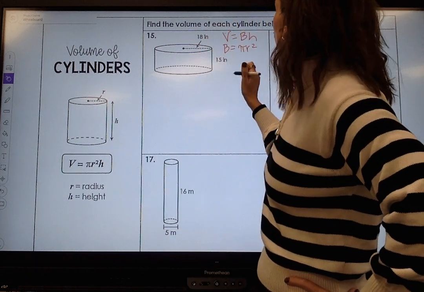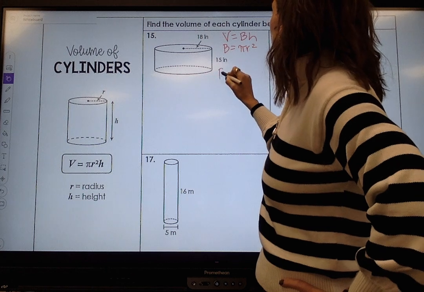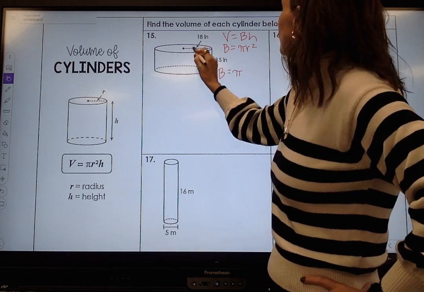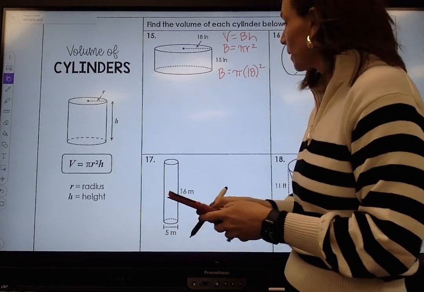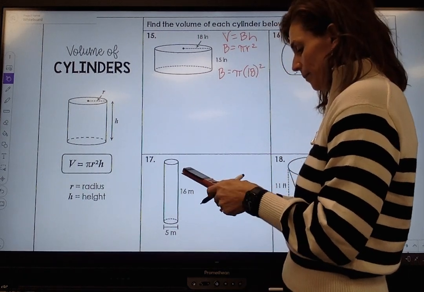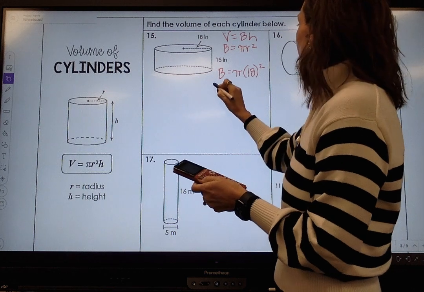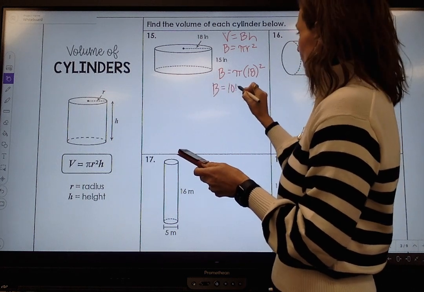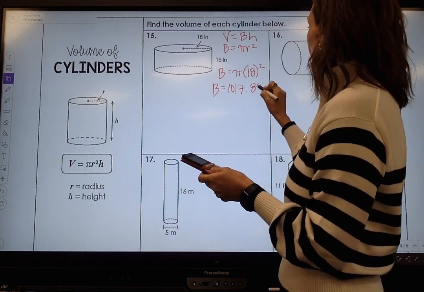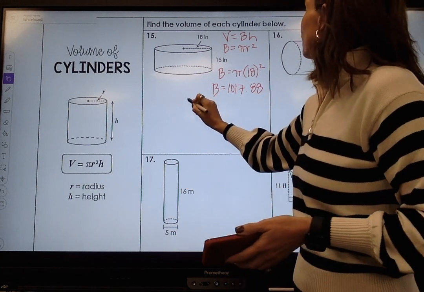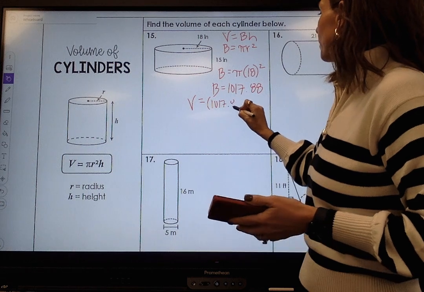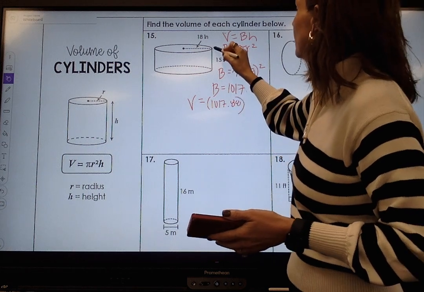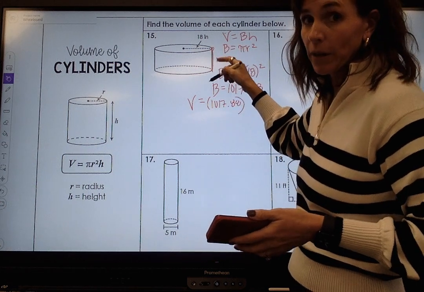So let's take a look at number 15, and I know that my radius is 18, so I get 18 squared. So I'm going to find big B first, area of my base. And I get that big B is 1,017 and 88/100ths. And then to find the volume, I'm going to take big B times the height, which is the distance that separates my bases.